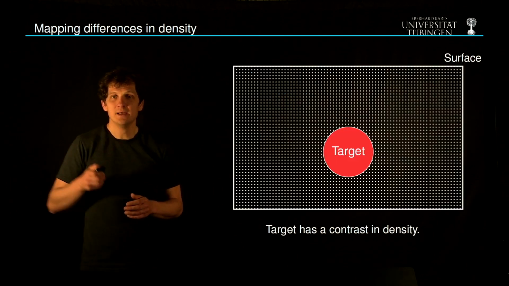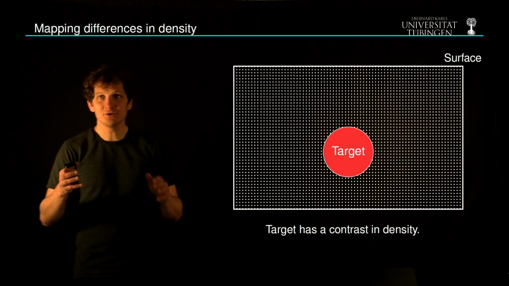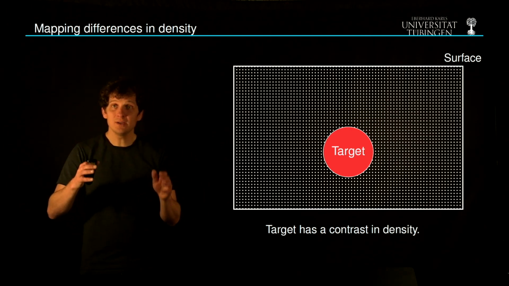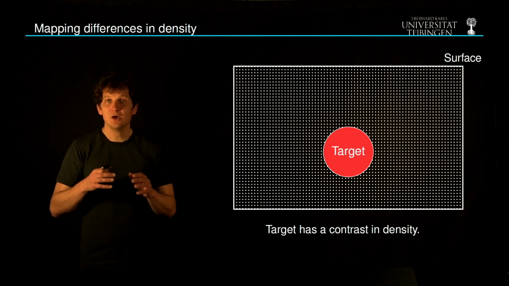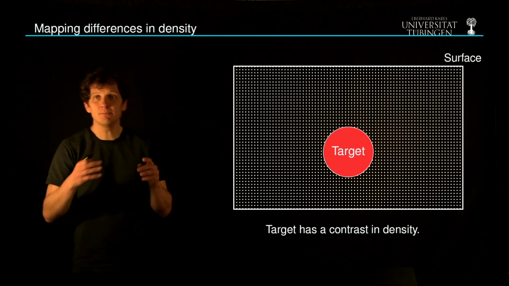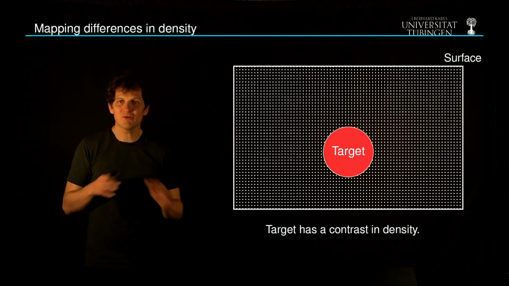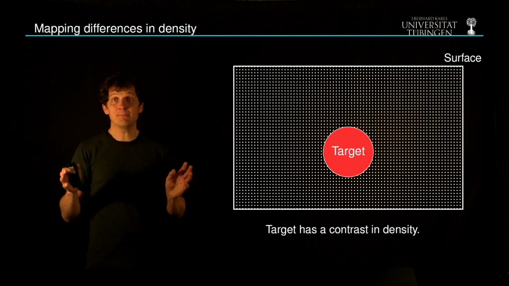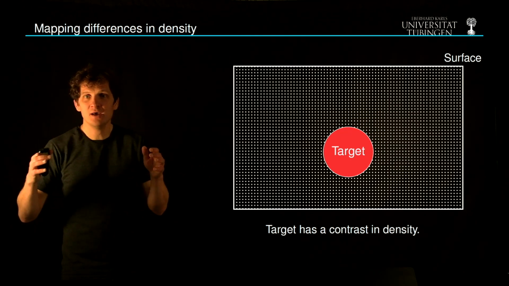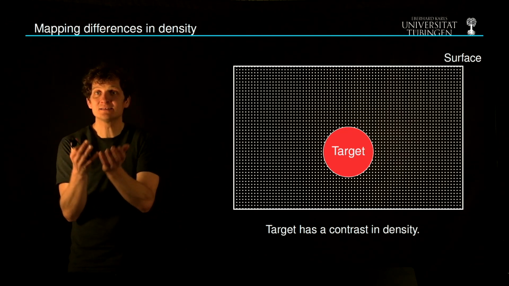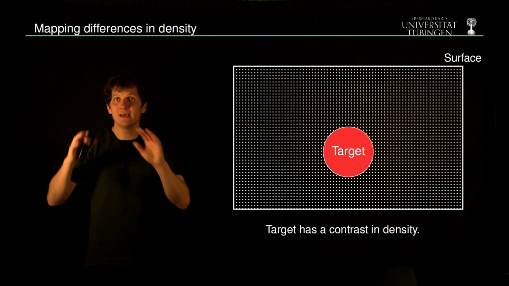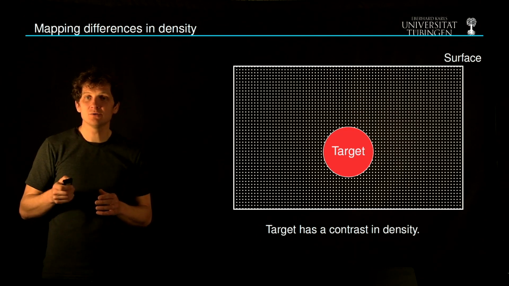As with any other geophysical technique, the goal is to detect a target from a distance, and in the gravity method the target is defined in terms of a density contrast relative to its surrounding. Examples could be a cave, or maybe a very dense ore body that is embedded in an otherwise homogeneous host rock.